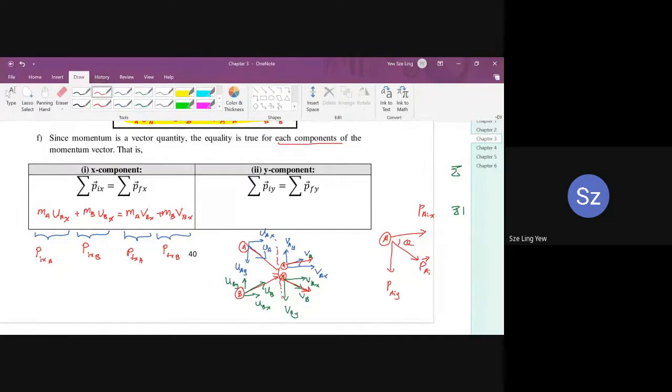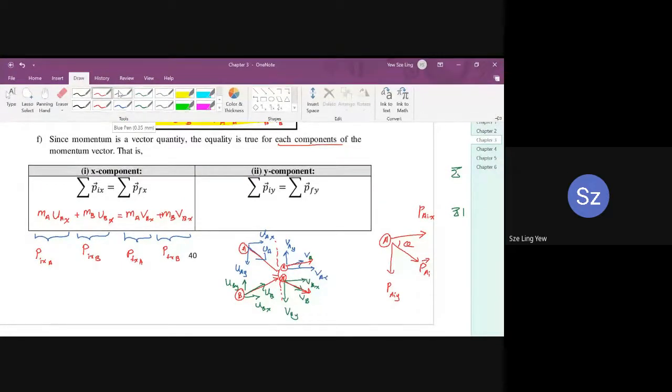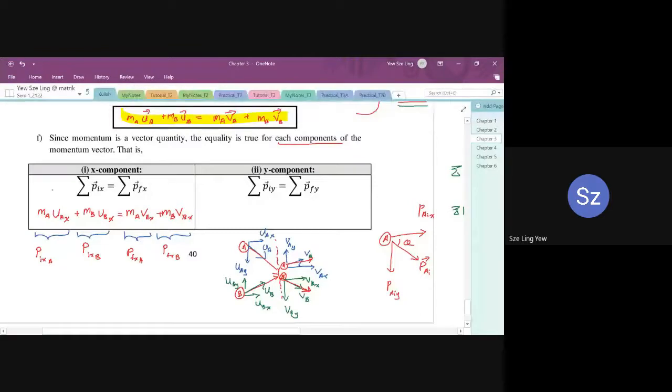So you need to expand the equation. Let's say now I'm going to take the angles all beside the X component.